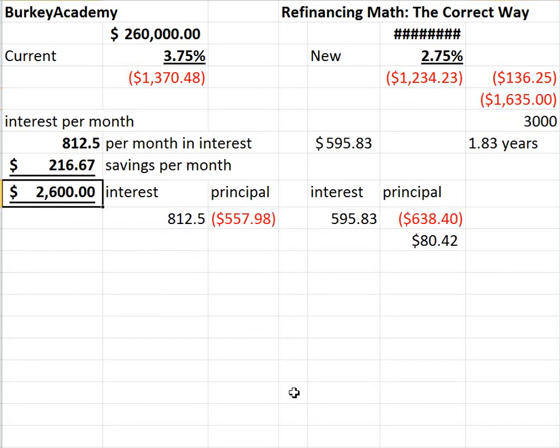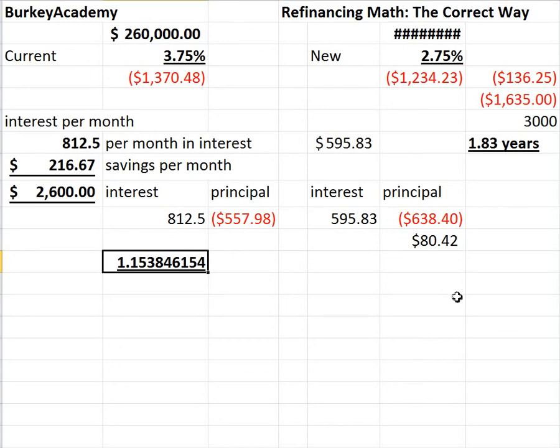That's a huge difference when you don't calculate it the right way. And so now how many years is that going to take to refinance? Equals $3,000 divided by 2,600, 1.15 years, not 1.83 years. So it'll take you just over a year to make that money back.